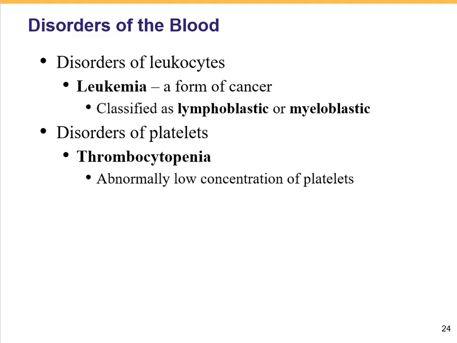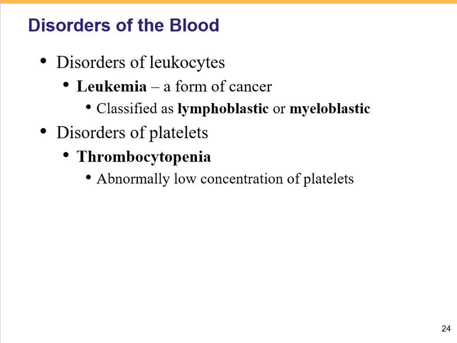We have lymphoblastic leukemia involving lymphocytes and myeloblastic leukemia involving myeloid cells. In leukemia, abnormal white blood cells crowd out healthy cells in the bone marrow, leading to symptoms such as fatigue, weakness, frequent infections, and easy bruising or bleeding.